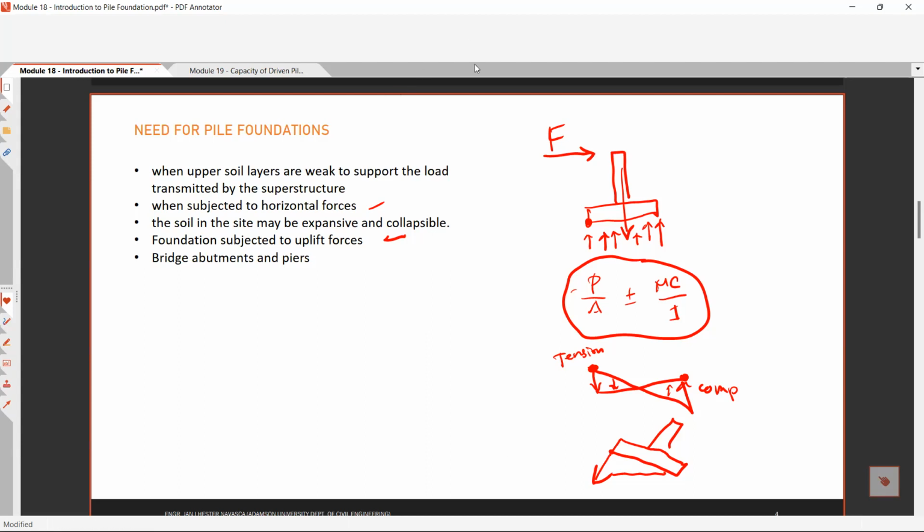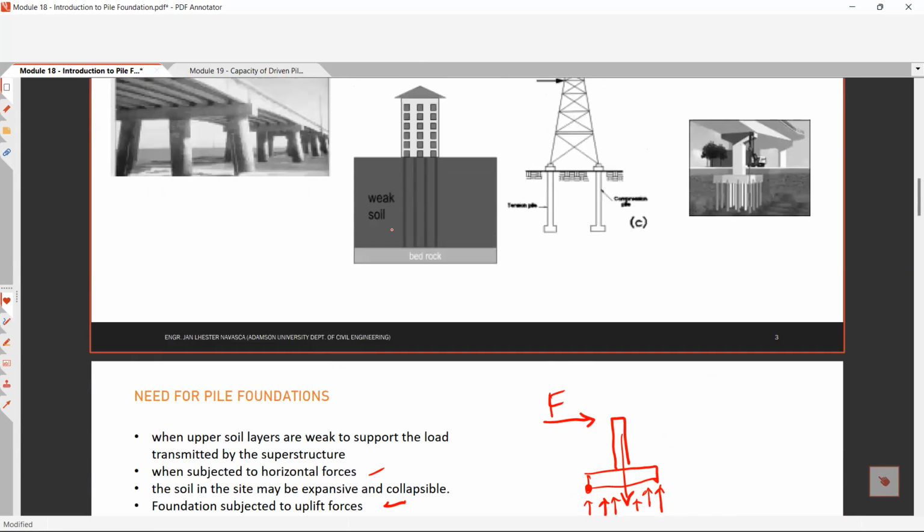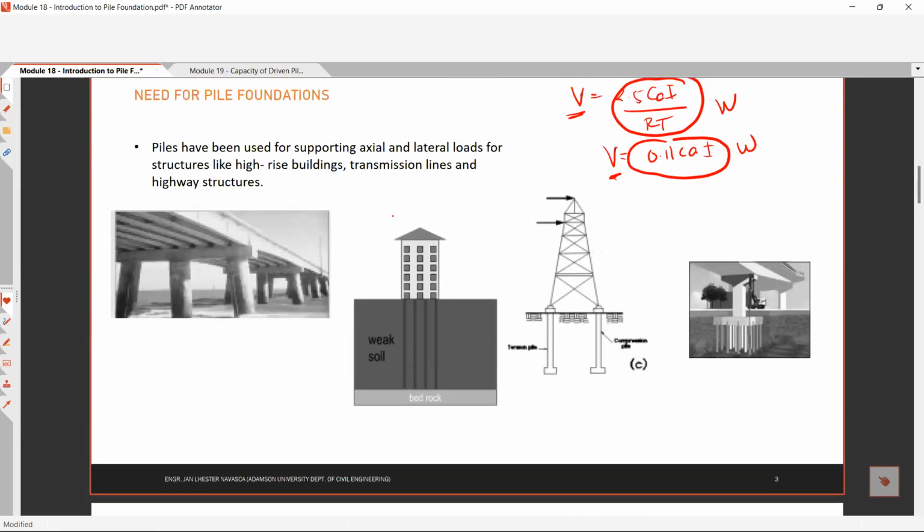And also yung mga bridge abutments and mga piers, okay? So this one yung mga abutments sa mga tulay. Weak din kasi yung mga soil dito eh, lalo na sa may mga water bodies sa ilalim. So no choice ka kundi kailangan mo mag-provide ng foundations. Okay, yung mga deep foundations.